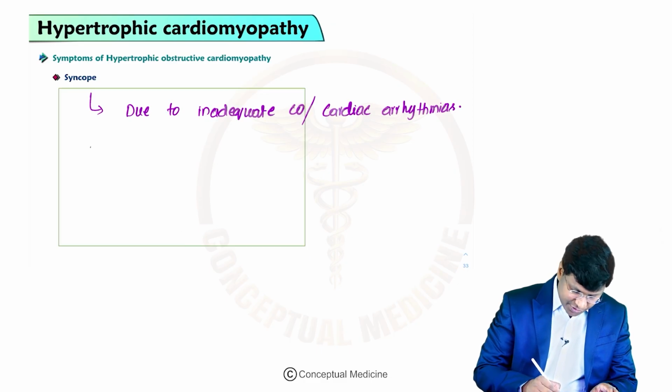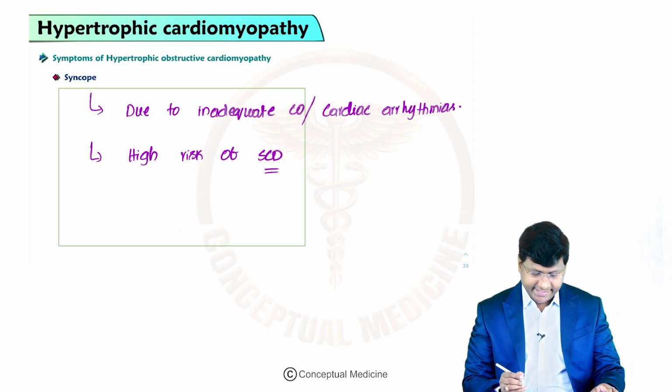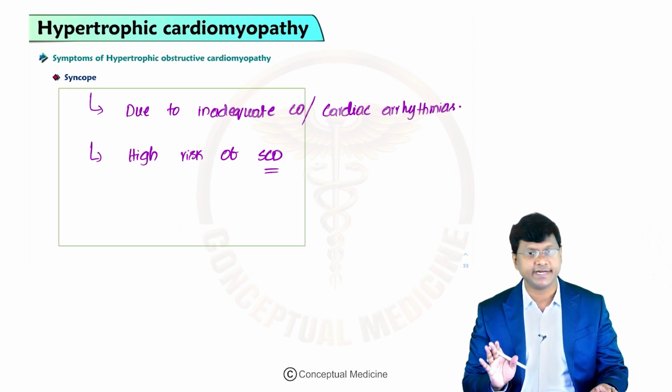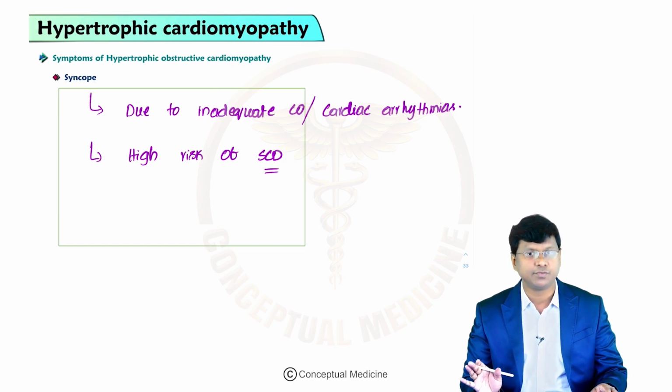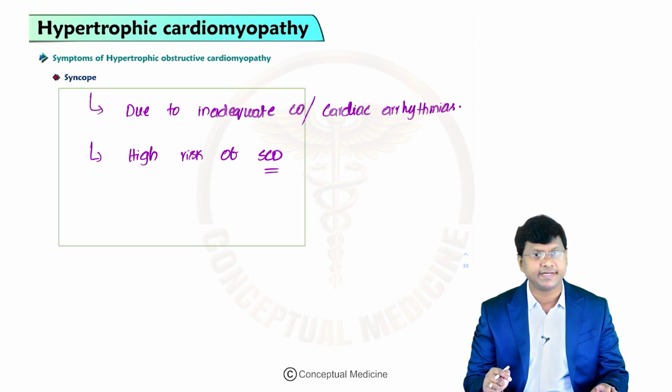So these patients with syncopal attack are at high risk of sudden cardiac death. So that is about the syncopal attack. Why is that? That is due to inadequate cardiac output or from the cardiac arrhythmia.